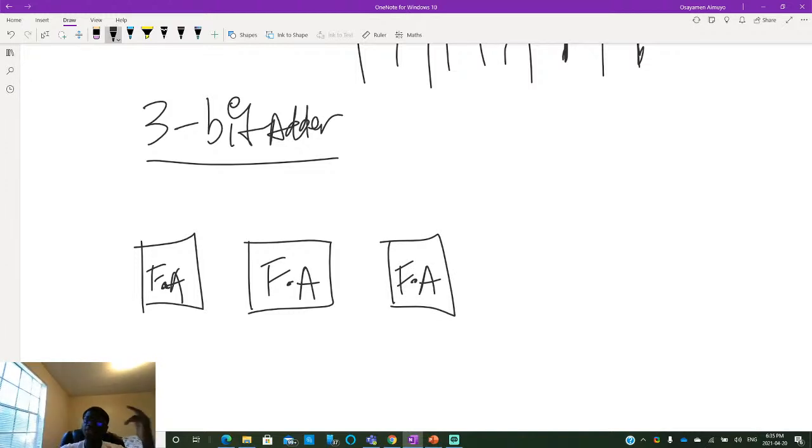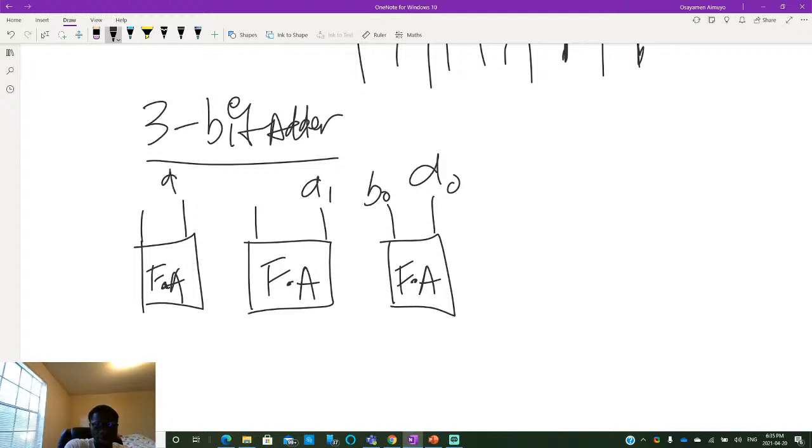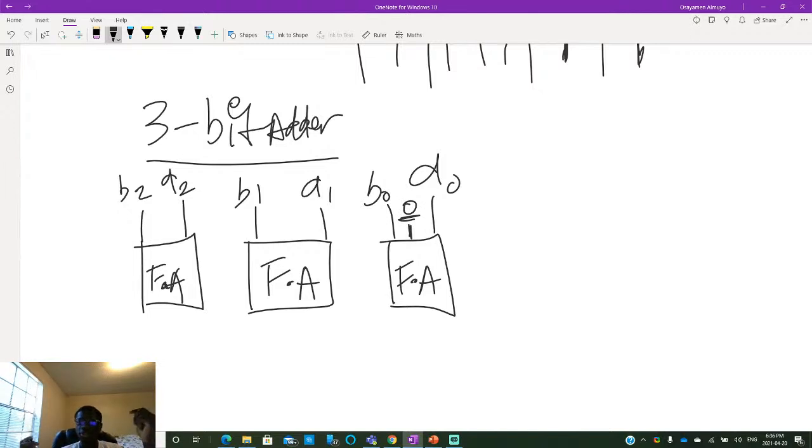Remember, each full adder has 3 inputs. So in this case, you would partition the bits of each input since it's a 3-bit adder. This would be the least significant bit for both inputs, so this would be B0, and then the subsequent bits, B1 and B2 as well. And then remember we had a carry in. Initially the carry in is going to be 0 because these are the first two bits that you're summing.